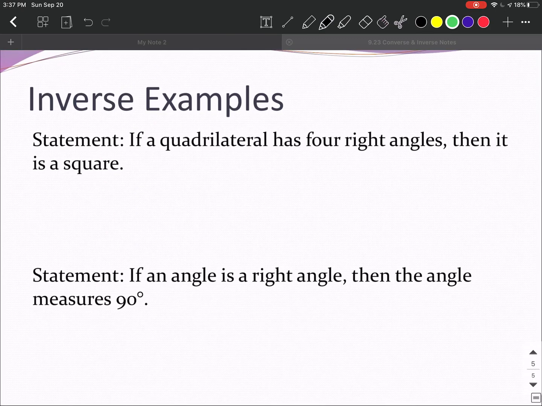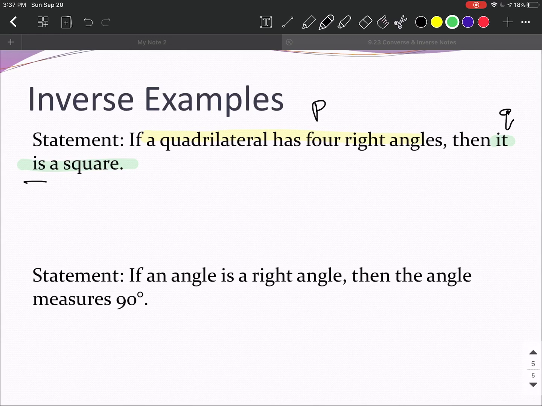So if a quadrilateral has 4 right angles, then it is a square. So once again, hypothesis, conclusion. So P and my Q, I'm going to negate them. So I'm going to add not.